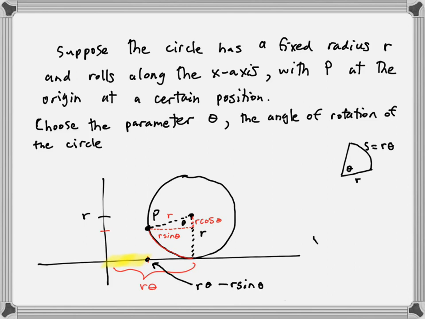And so if I want to know what this guy is, then this guy right here is equal to r minus r cos theta.